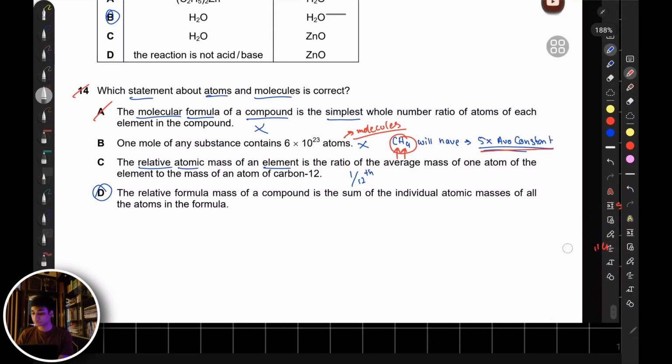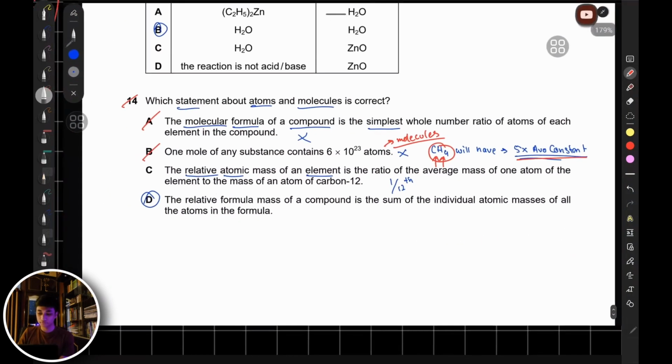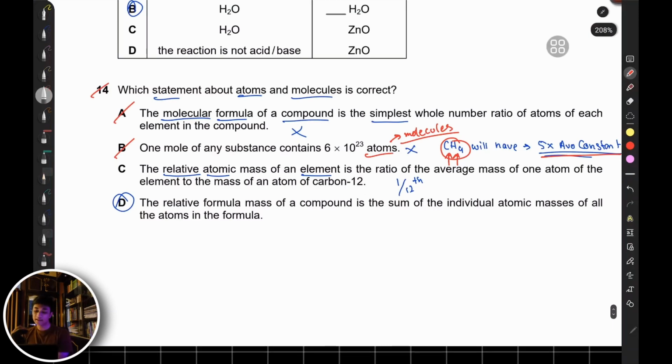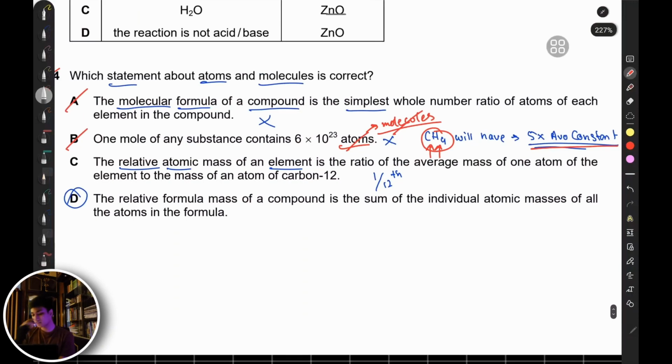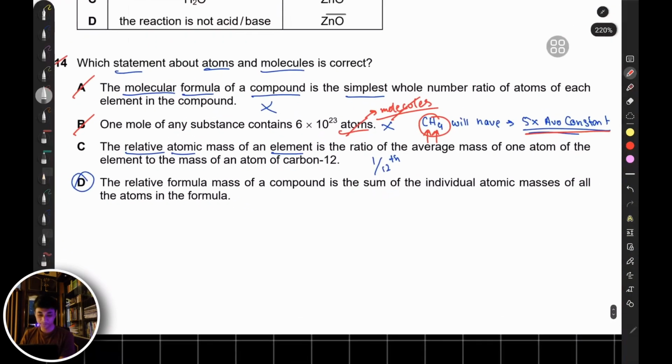So yeah, this is wrong because it's not always atoms, and it's not always molecules either. They could have phrased this as 1 mole of any substance contains 6 into 10 to the power 23 number or amount of that substance, because you don't know if it's an atom or a molecule. So yeah, if it was phrased a bit differently, it could have been correct.